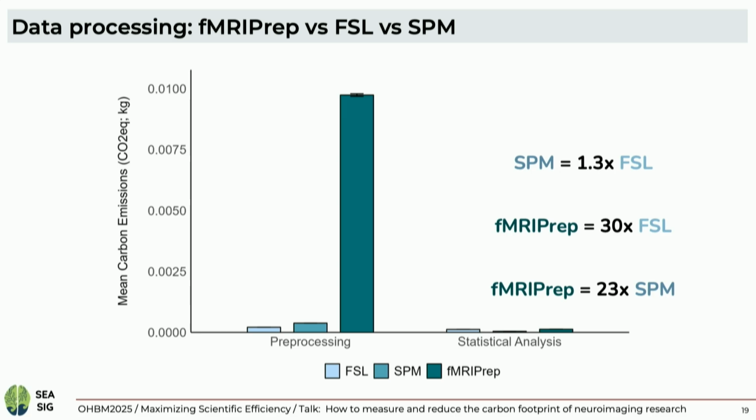But again, this is just to raise awareness and show how to compute the carbon footprint, not to say one is better than the other, because each software has its pros and cons. fMRIPrep usually has been containerized well and used extremely effectively in research. But this tells you how we measure these footprints, and we can work towards reducing those.